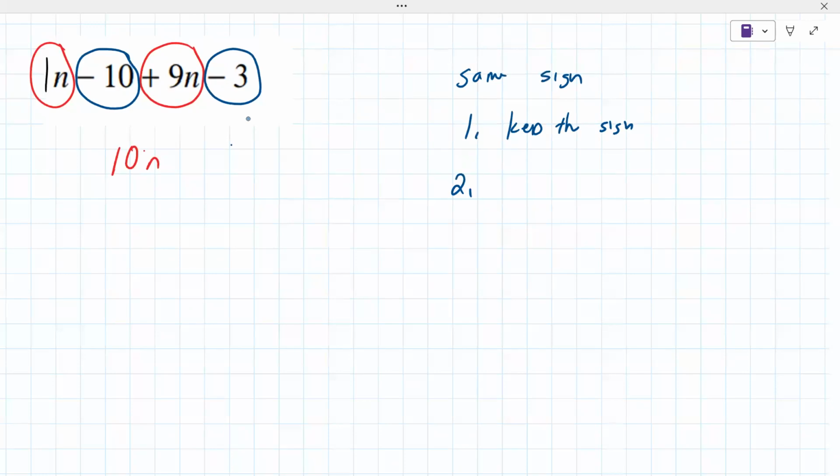And then you add the numbers without the sign. So what are the numbers without the sign? 10 and 3. Okay, so what do those add up to? 7. You keep, oh, add. Add, yeah, sorry, 13. Okay, so that's negative 13.